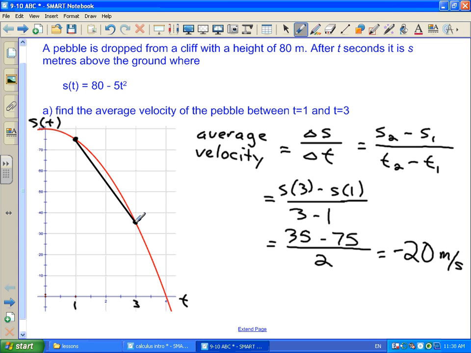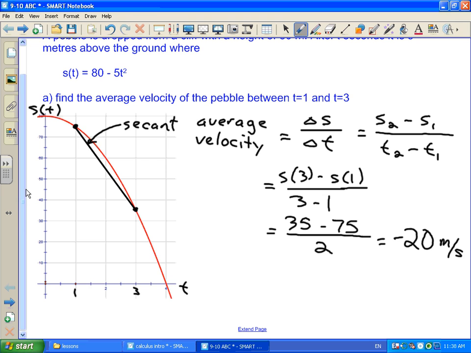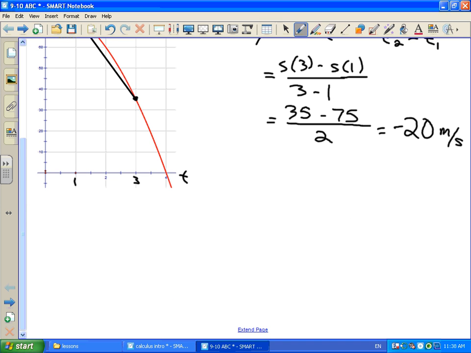The slope of this line. So what do we call a line that goes from 2 different points on a curve? This is called a secant line. A straight line that connects 2 different points on a curve is just called a secant. So what we've calculated here is the slope of that secant line.